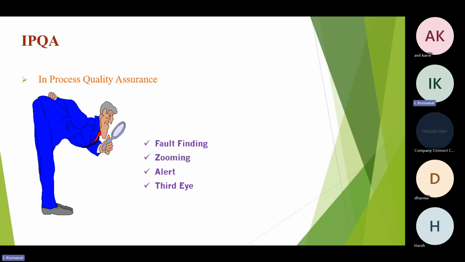We can say the IPQA is the third eye. Why? Because they have the main responsibility of checking the quality of the products and ensuring the quality of the product. In short, ensure the quality of the product by finding the faults, zooming in on the defect, and alerting if anything goes wrong. If somebody is doing something wrong, it has to be identified and acknowledged.